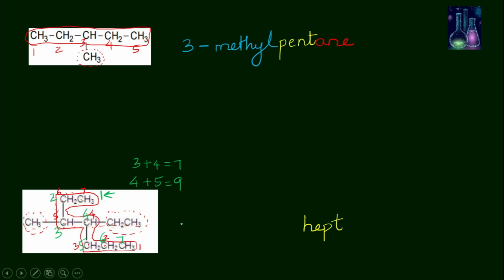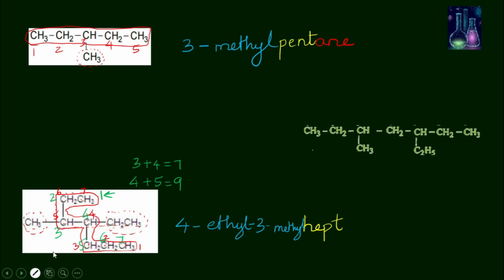Now I have to write it alphabetically. Which comes first? E comes first. Therefore, I will write 4-ethyl-3-methyl hept, and since this is a carbon-carbon single bond, I have ane.